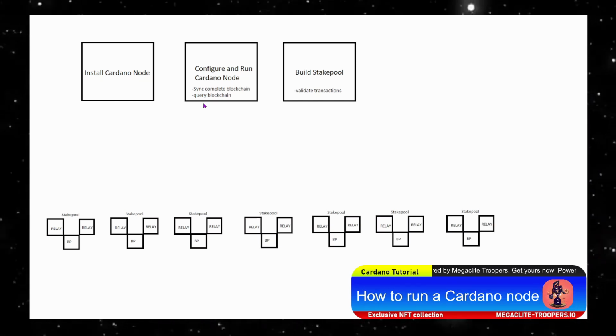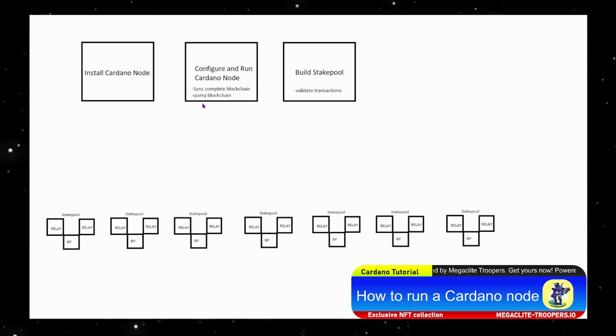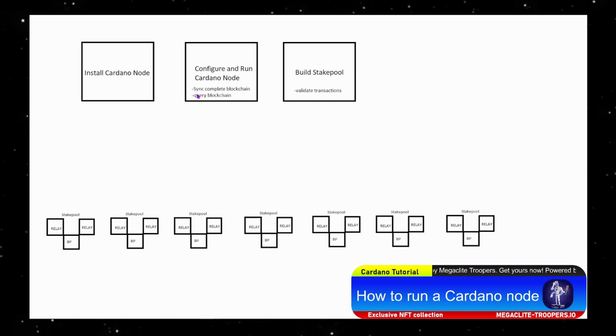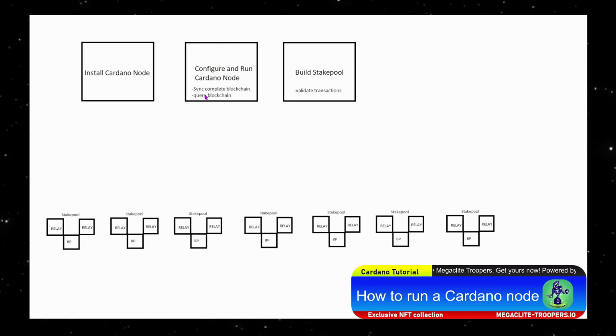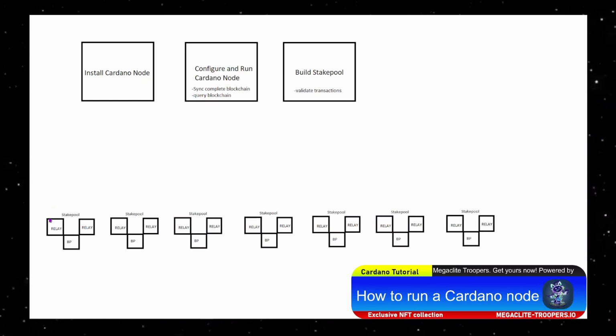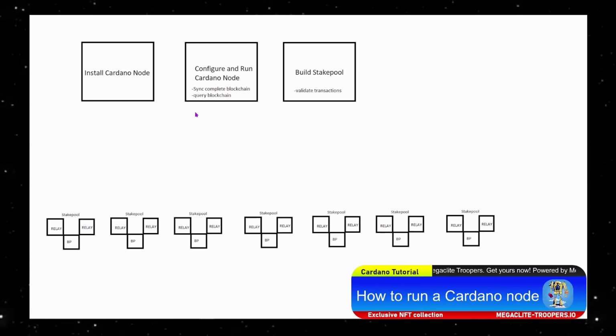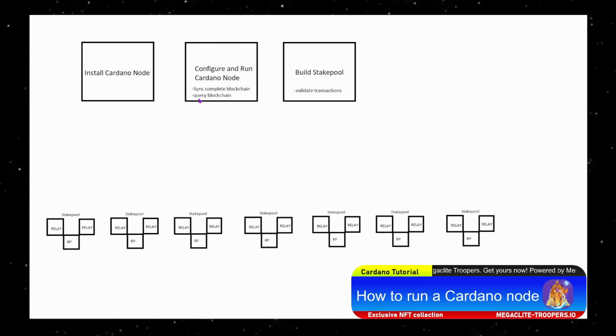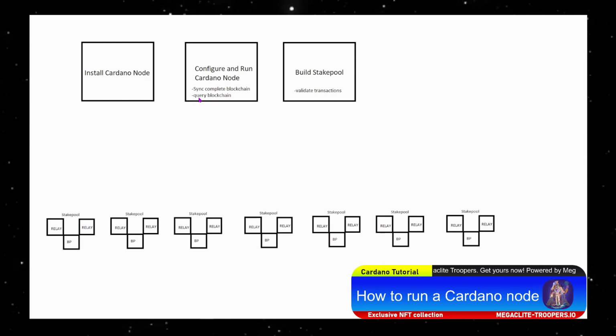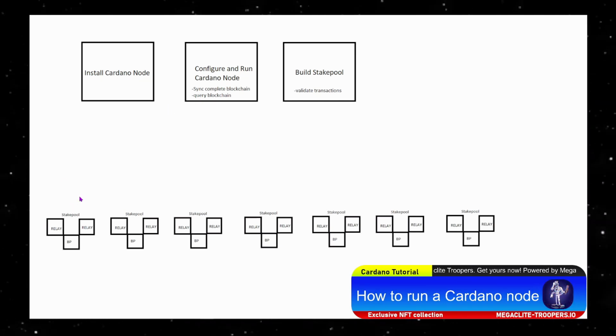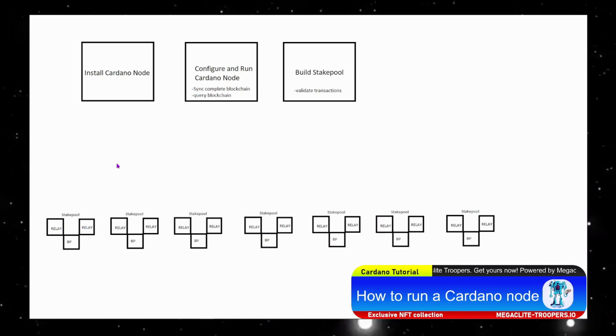So we saw this relay from IOHK, and this is a fully synced relay with all transactions of the Cardano blockchain. And we are connecting to this guy and getting all of those transactions for us. So this means we are syncing the blockchain. We are now syncing the blockchain of this node, of this single node.